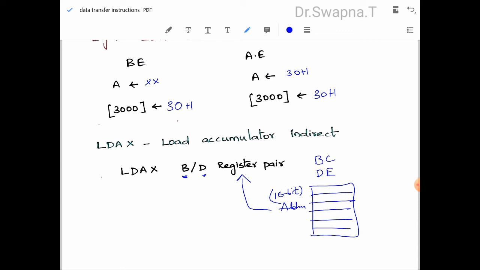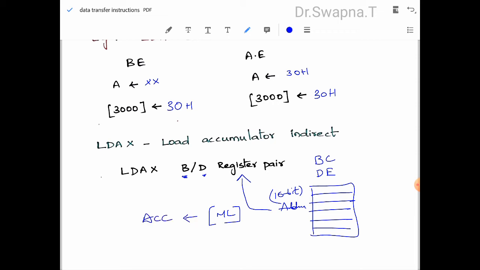So we use either the BC or DE pair. This instruction copies the contents of the memory location into the accumulator register.